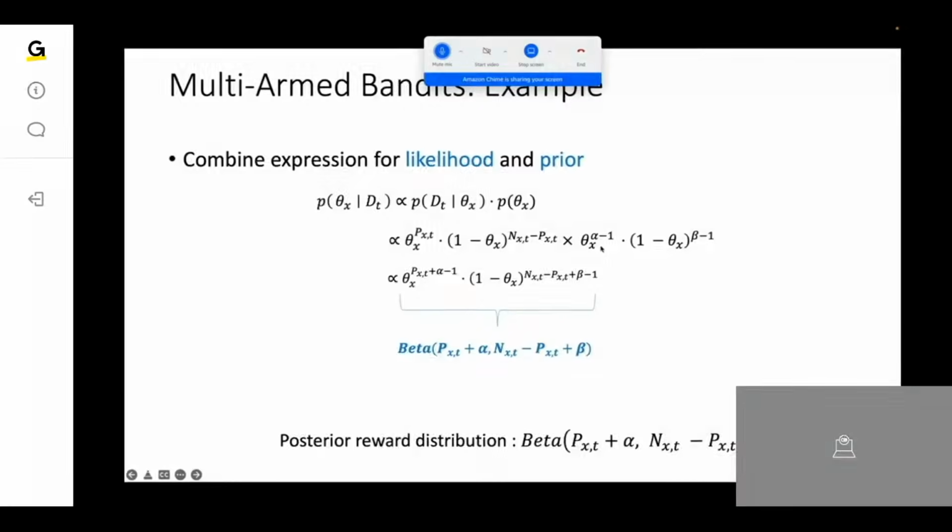And this helps in our calculation. So now we can combine the like terms in theta. And what we end up with is the expression for another beta distribution, which has a different set of hyperparameters. Okay? So this is why choosing a conjugate prior helps us to simplify the derivation.